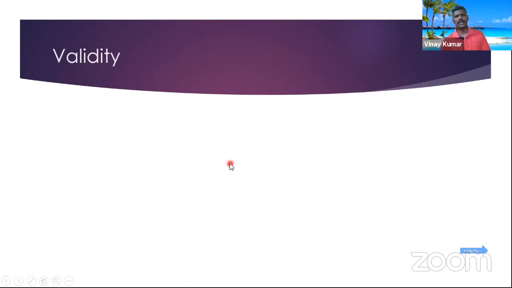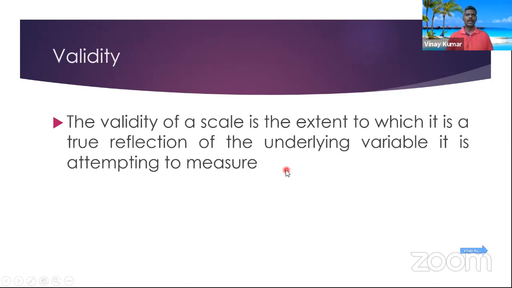So let us try to understand what is validity. The validity of a scale is the extent to which it is a true reflection of the underlying variable it is attempting to measure. In other words, whether the scale is able to capture the data that the researcher wants to capture, or whether the scale is able to measure what the researcher wanted to measure.